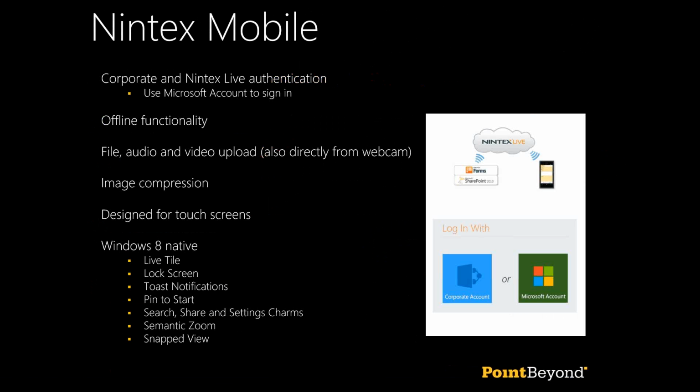So we've got the two ways that you can log in to SharePoint or to Nintex Forms via the mobile application, and that's either via the corporate account. So if users can get to the intranet via HTTPS, for example, so it's nice and secure, they can log in just using their AD credentials. Or if you can't get in through the corporate firewall, you can go ahead and associate your Active Directory account with your Microsoft account.